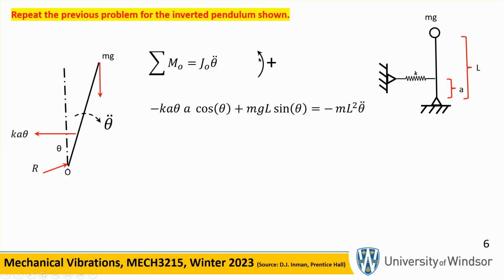Opposite to the positive convention that I have here. So it's going to go minus the negative sign, and mg, the weight, is going to have a moment that is given right there.